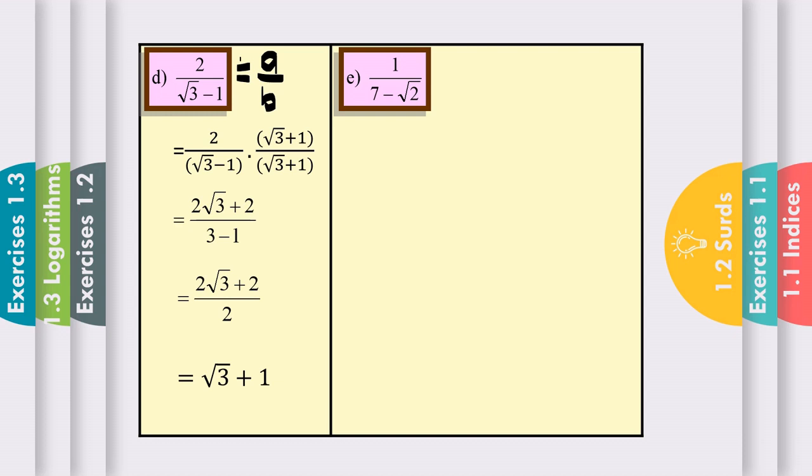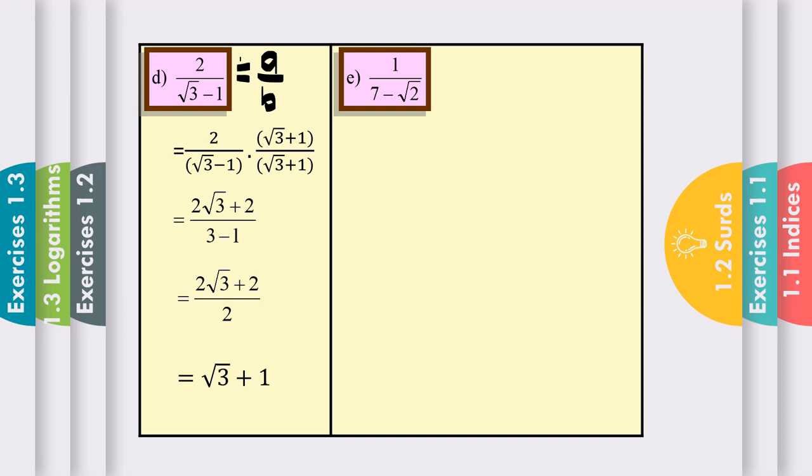We have 2 over square root 3 minus 1 times square root 3 plus 1 over square root 3 plus 1. We try to expand 2 times square root 3, 2 times 1. So we have 2 square root 3 plus 2.